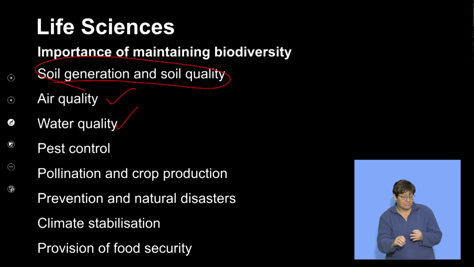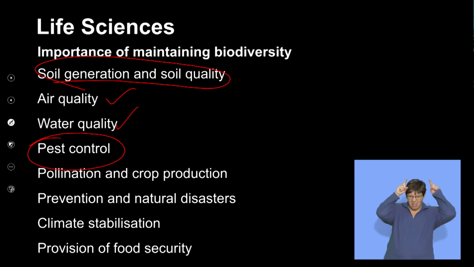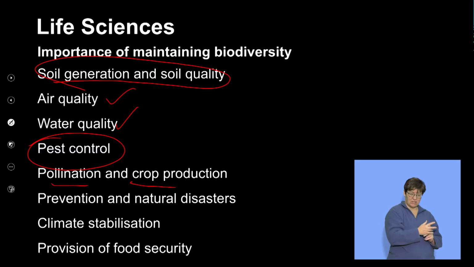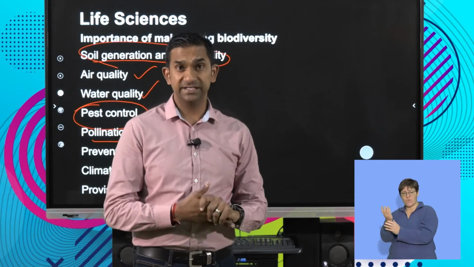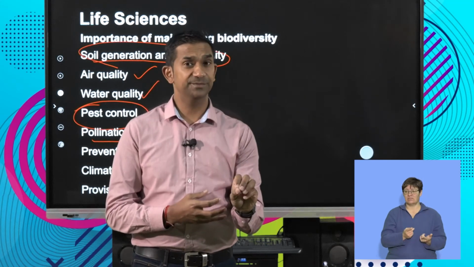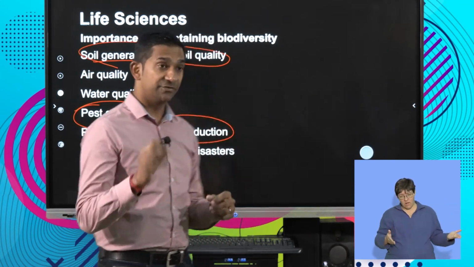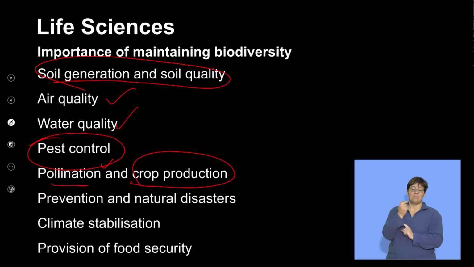An important concept in our environment is controlling pest and invasive plant species. The concept around pollination and crop production, and how if we remove or affect our diversity of life forms, we in turn can affect how plants are pollinated and in turn decrease our crop production.